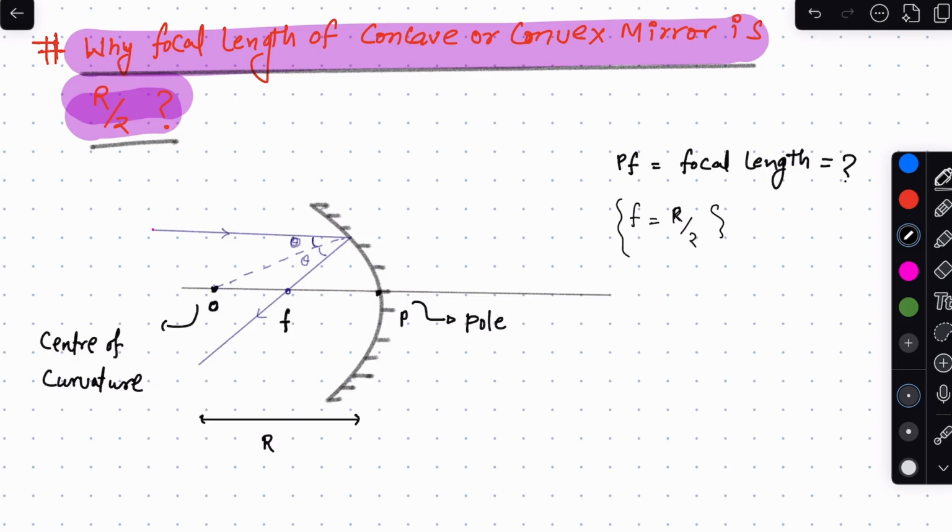We are going to find out this relation, but if you remember, it is only valid under certain conditions. The rays which are falling should be parallel to the principal axis, and second, they should be paraxial rays.